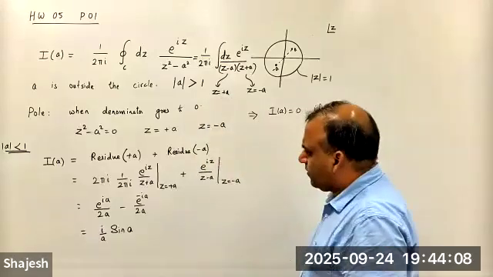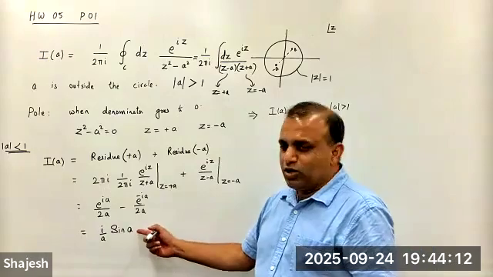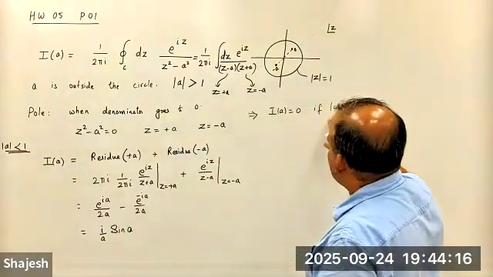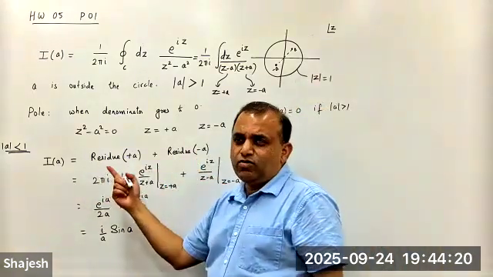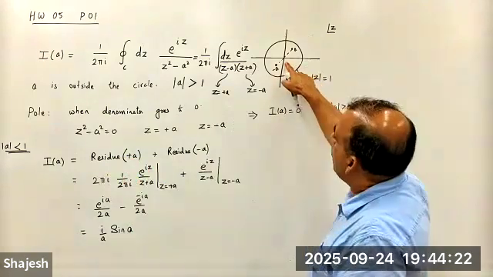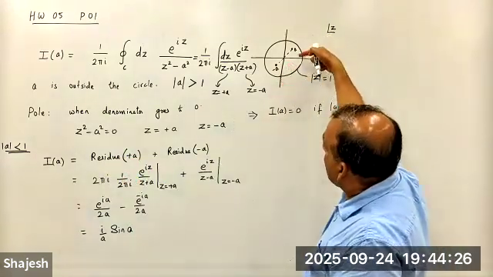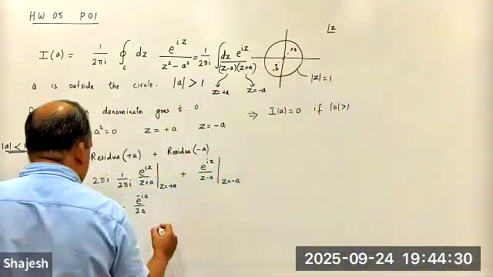And one can also see that since we know how to take a limit, we have A greater than 0, A less than 0. What if it is really at the origin? That can be handled by taking the limit A tends to 0.